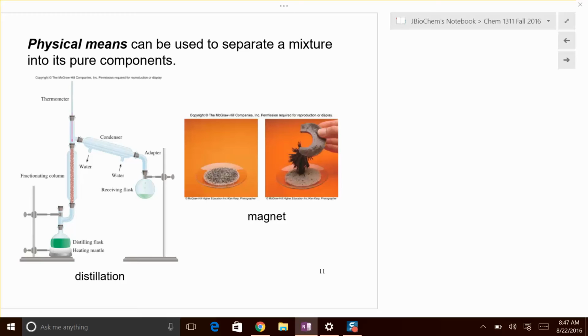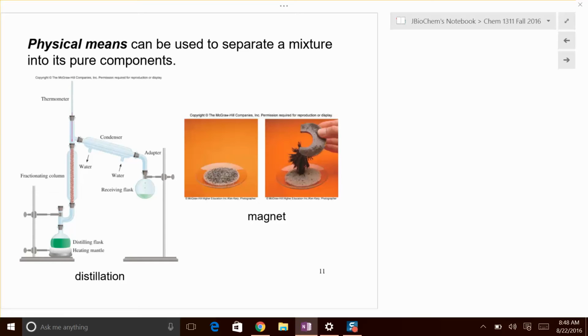But because these things are physically mixed, then I can separate them using physical means. So you can see here that the iron can be separated from the sand with a magnet. That's a physical characteristic of iron. It's magnetic, so I can separate it. This sand is not magnetic, so they will separate by physical means.